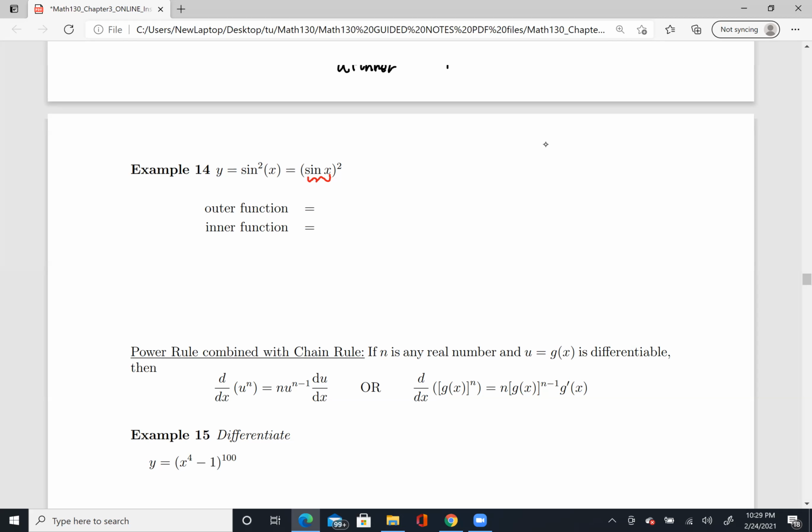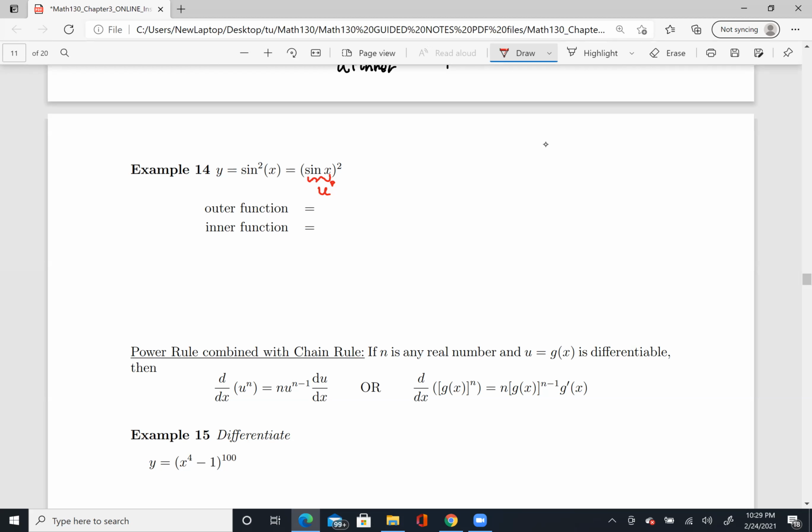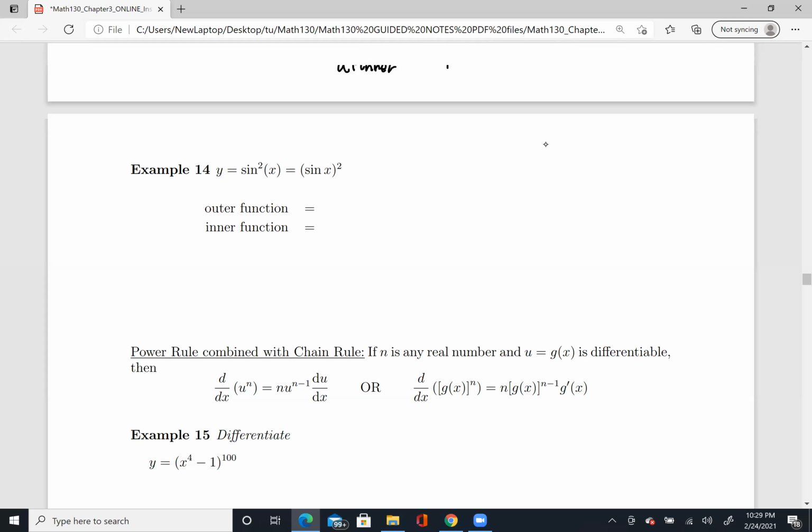I think that's right. So that is what I'm thinking as the composition function, a u squared and sine x, right?